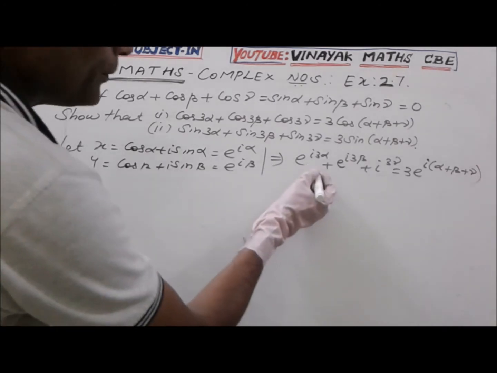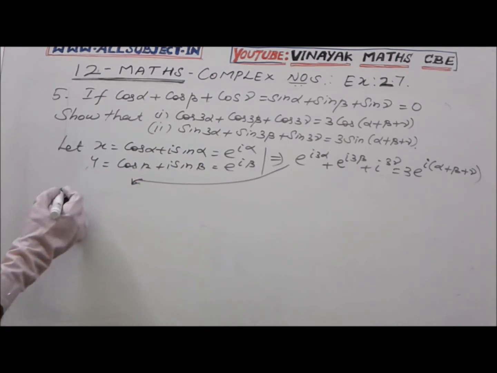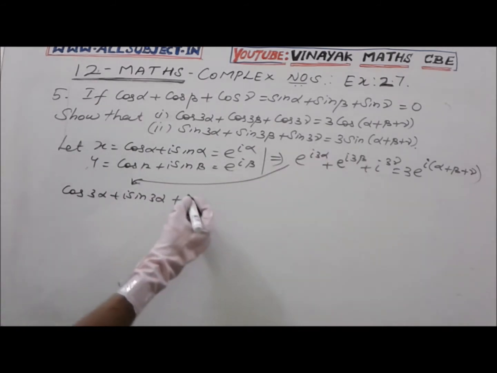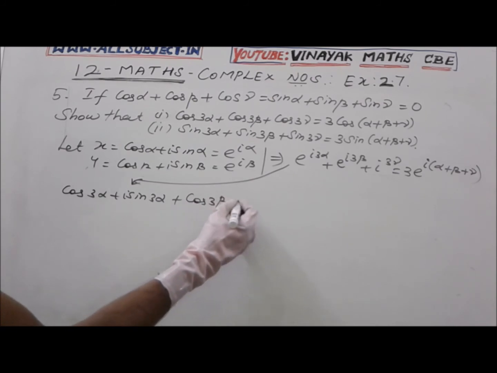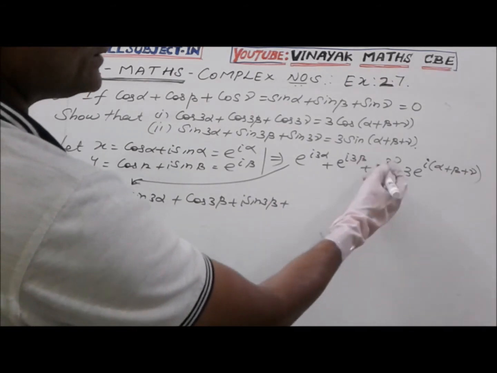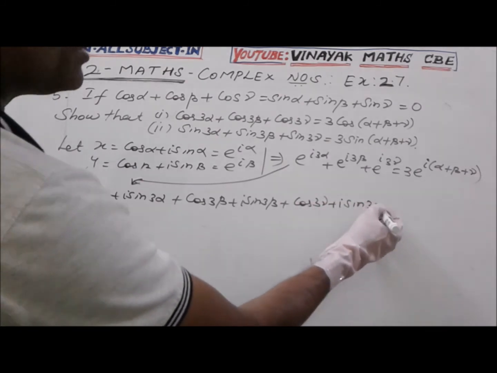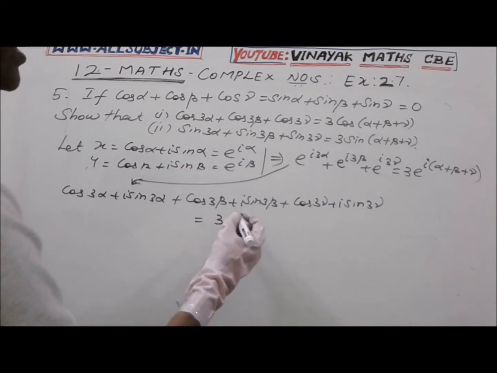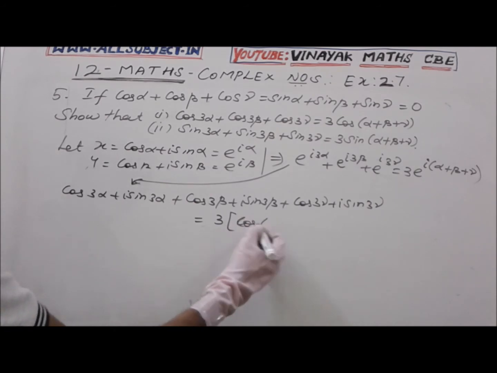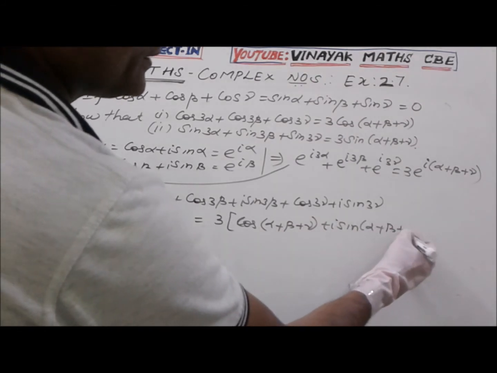Now this e power i3 alpha means cos 3 alpha plus i sin 3 alpha, and plus e power i3 beta means cos 3 beta plus i sin 3 beta, and plus e power i3 gamma is cos 3 gamma plus i sin 3 gamma, which is equal to 3 into e power i(alpha plus beta plus gamma), means cos of (alpha plus beta plus gamma) plus i into sin of (alpha plus beta plus gamma).